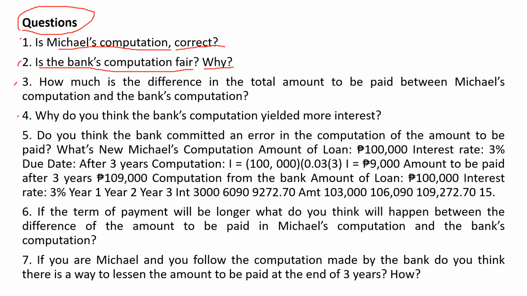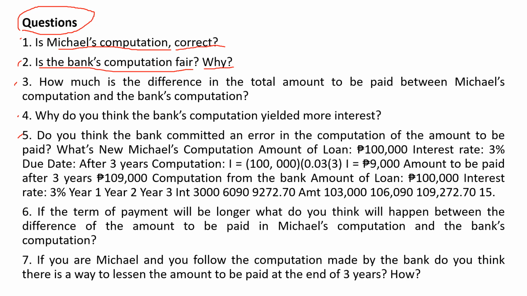And for number four, why do you think the bank's computation yielded more interest? So here, as you can see, we can visualize that there is a compound interest in this bank.